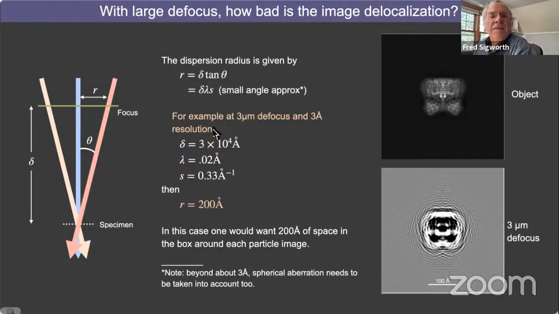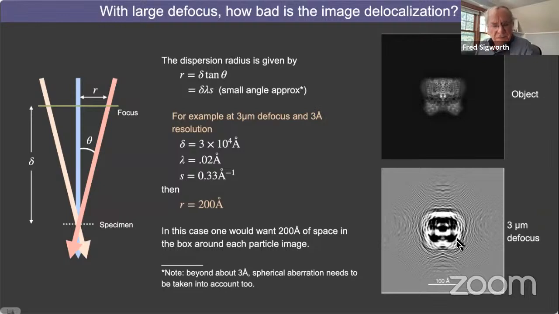And so if we do an example, 3 micron defocus and 3 angstrom resolution, then the amount of delocalization is 200 angstroms. So that would say that if we really wanted to use that much defocus, we ought to leave a border of 200 angstroms around our object. This doesn't quite work.